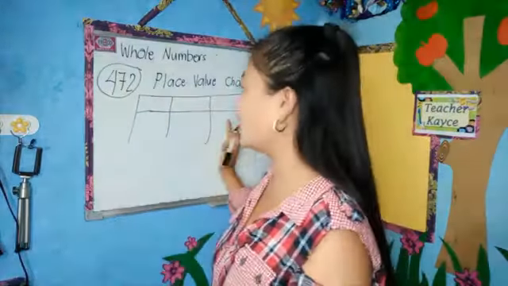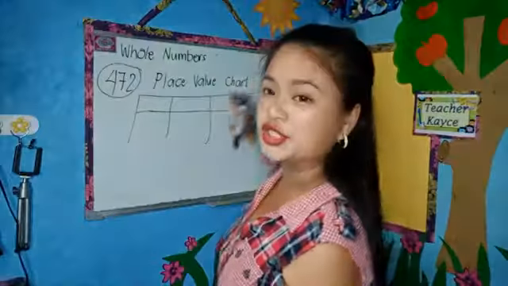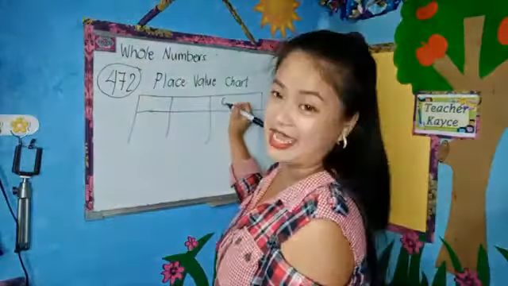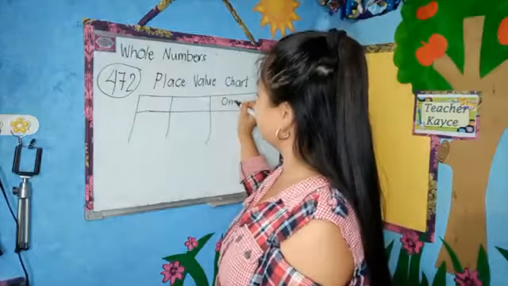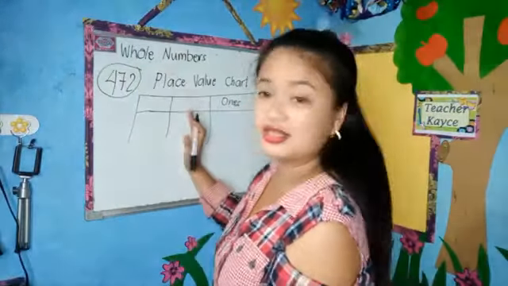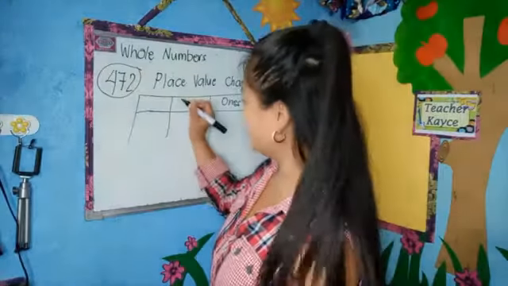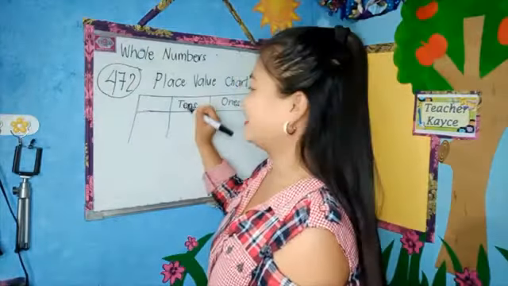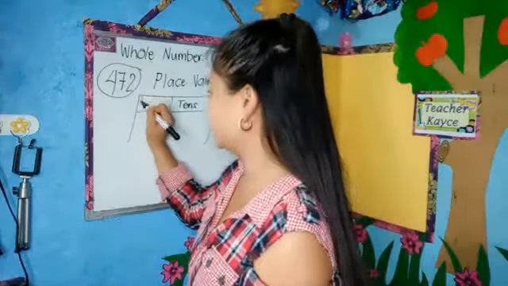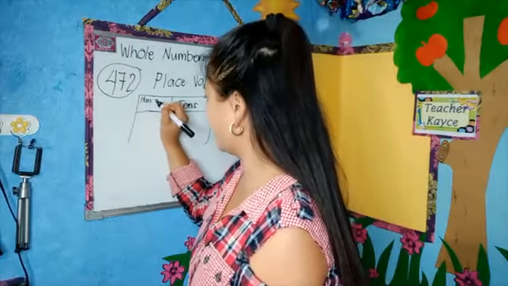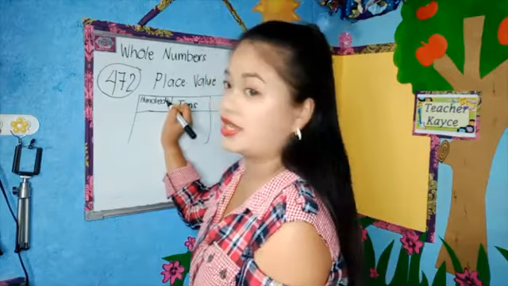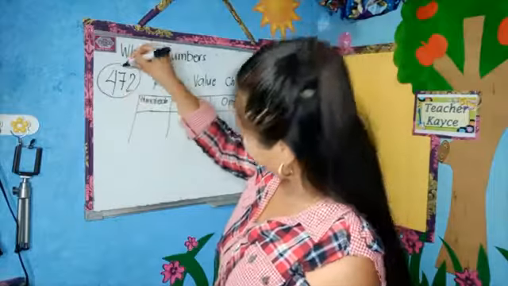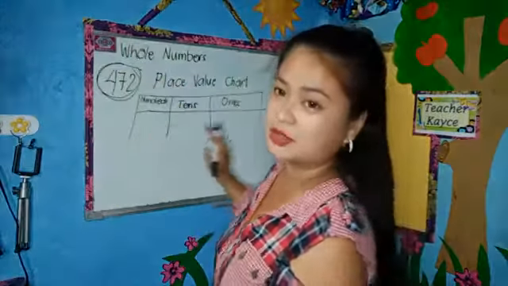The first column to your right, we call ones. The middle column is your tens. And the last is hundreds.